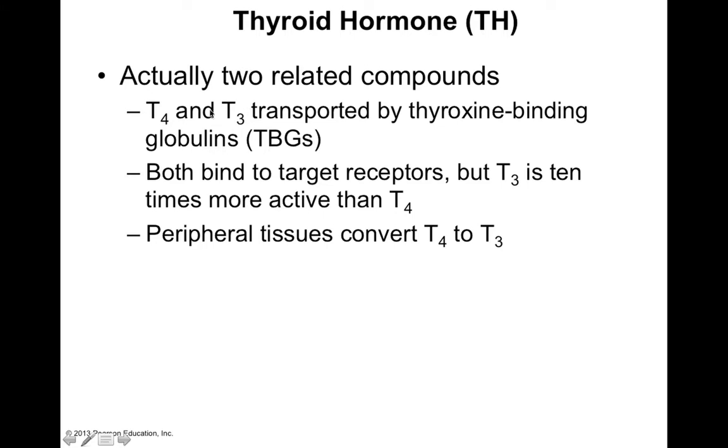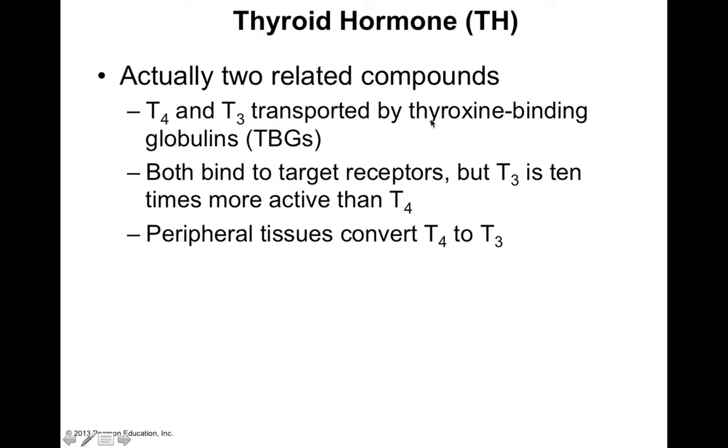Now T4 and T3 are considered nonpolar molecules, which means that they don't dissolve well in your bloodstream. Therefore, T4 and T3 have to bind to thyroxine binding globulins, or TBGs, and these are essentially proteins that allow for T4 and T3 to bind and become more soluble in the bloodstream.